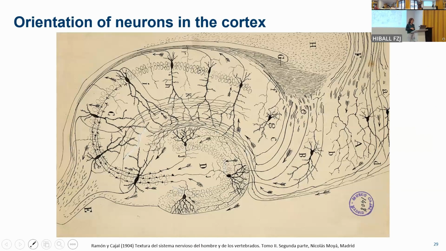And this is something that Cajal also drew in his drawings of the hippocampus. We've got the cell body of a pyramidal neuron. Here we've got the apical dendrite. Here we've got the basal dendrites. Here we've got the axons going out.